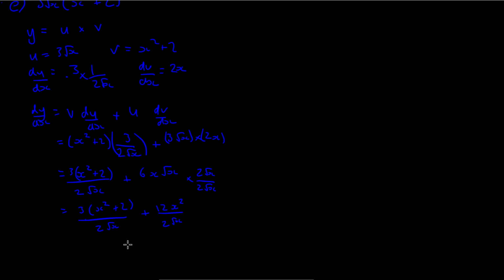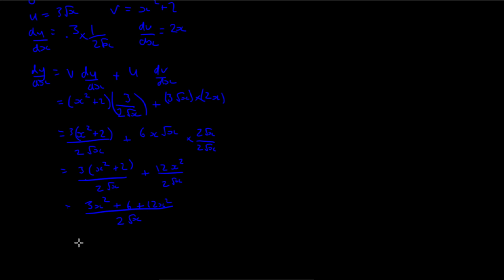We can now combine these terms and simplify a little bit. So we'll have 3x squared plus 6 plus 12x squared all over 2 root x. Let's gather up some like terms. We'll have 15x squared plus 6 all over 2 root x.